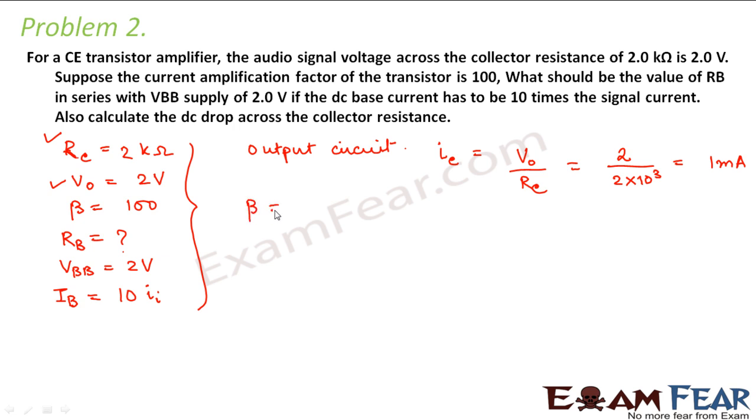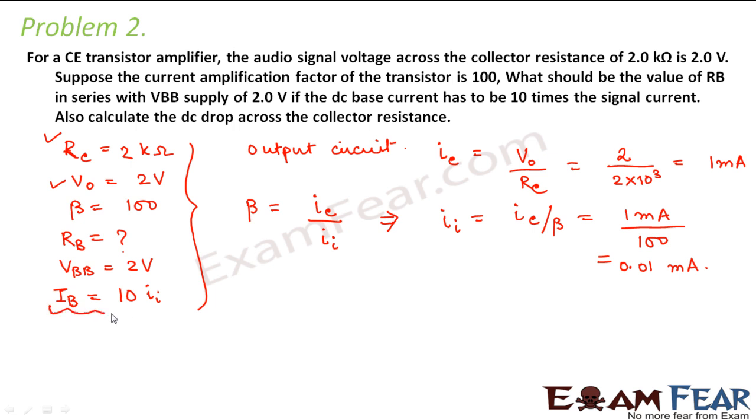So this is my collector current. Now beta, that is the current amplification factor, is given. This is equal to IC, that is the output current, divided by the input current. This is my input signal current. So from this I can calculate my input signal current, which will be IC divided by beta. So this comes out to be 1 milliampere divided by 100, that is 0.01 milliamperes.